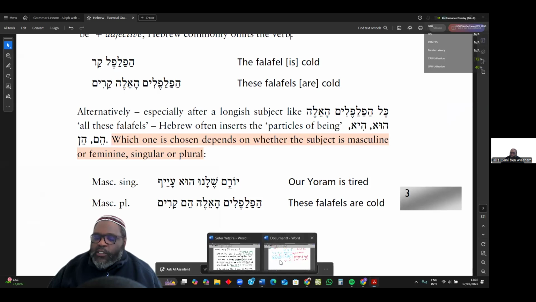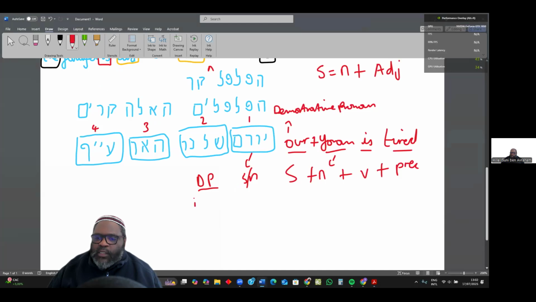This is so strange to English, but I want you to know it in English as a demonstrative pronoun. And then we have he, which is a personal pronoun, plus the verb is, which we don't have in Hebrew, but we have in English. And then we have the adjective, which is tired.